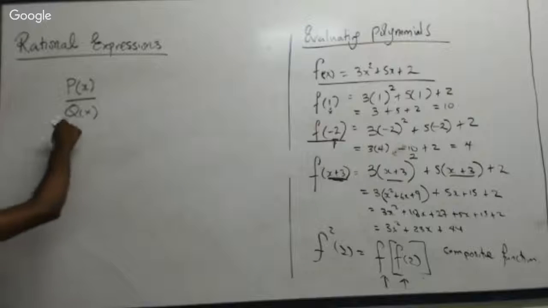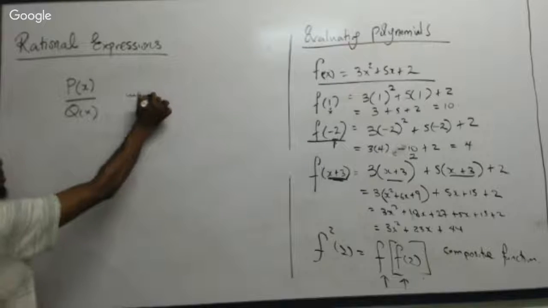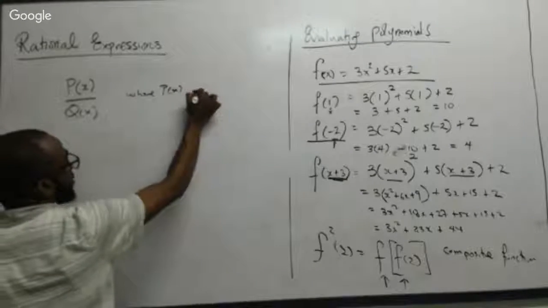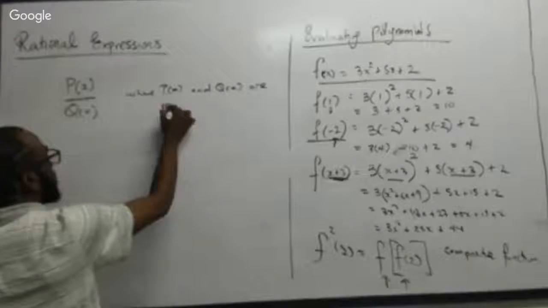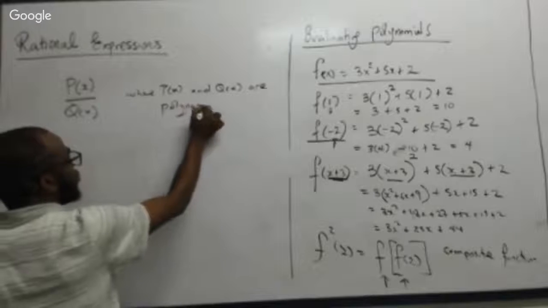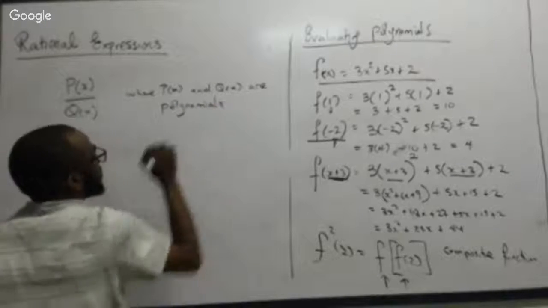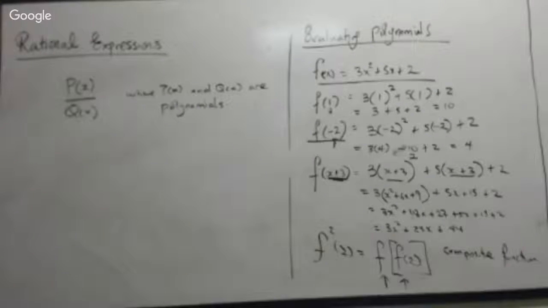It is a fraction where P of x and Q of x are polynomials. I want to know what polynomials are, right? It's always going to be polynomials that we're interested in.